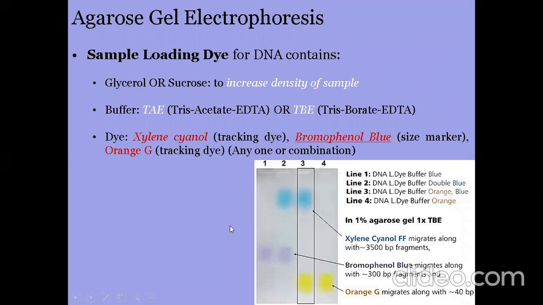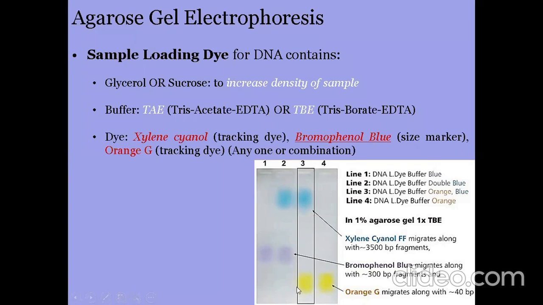And the third one is orange G. Orange G migrates at approximately 40 base pairs. So if we add all three dyes in a DNA sample, these tracking dyes let us check our DNA size.